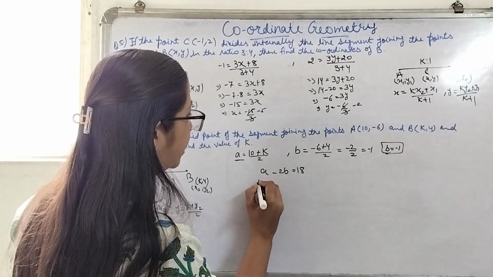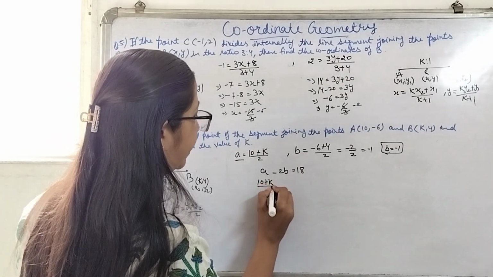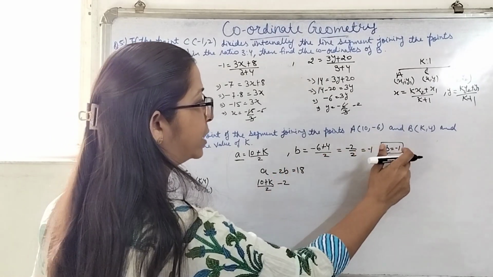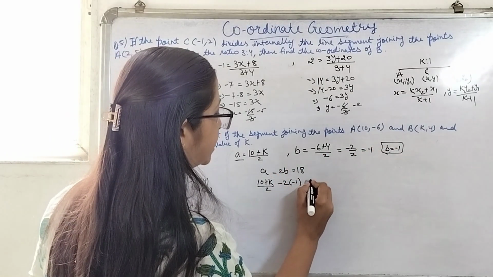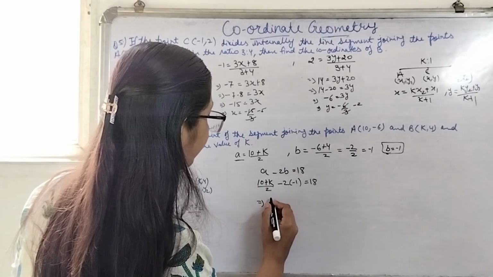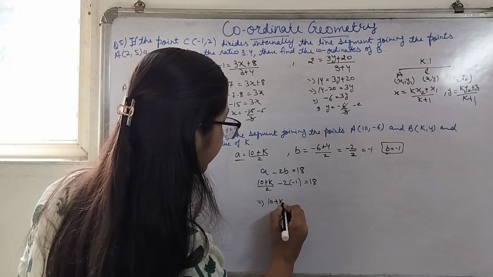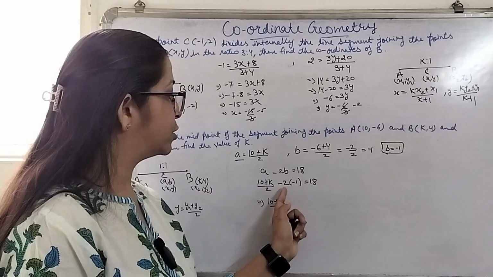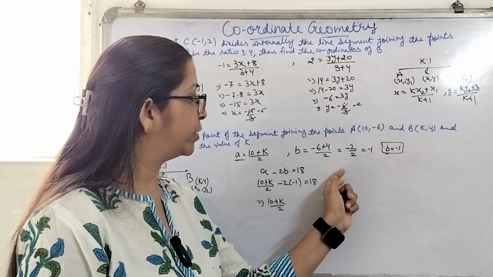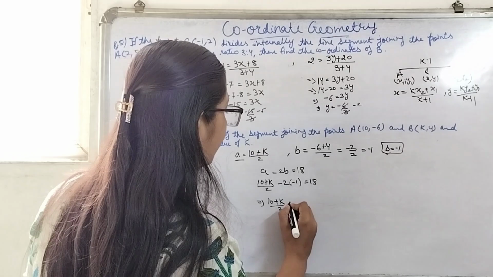So, we are keeping the value of a from here and the value of b from here. a is 10 plus k by 2, minus 2 times the value of b, which is minus 1, is equivalent to 18. Now, if we solve it further, it will be 10 plus k by 2, and minus 2 multiplied by minus 1 will become plus 2. And this plus 2, if it goes over there, will become minus 2.